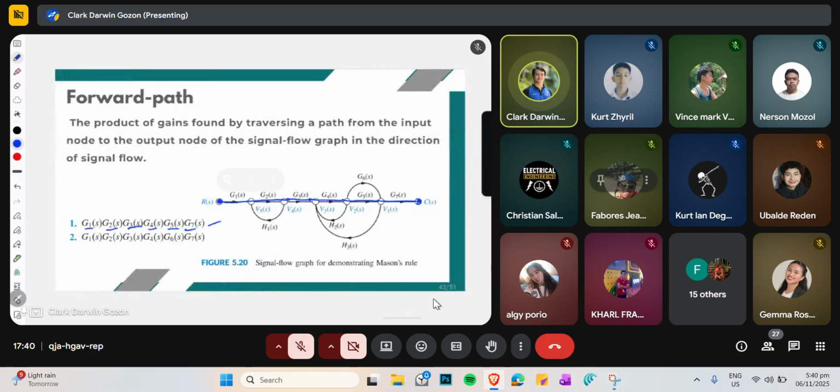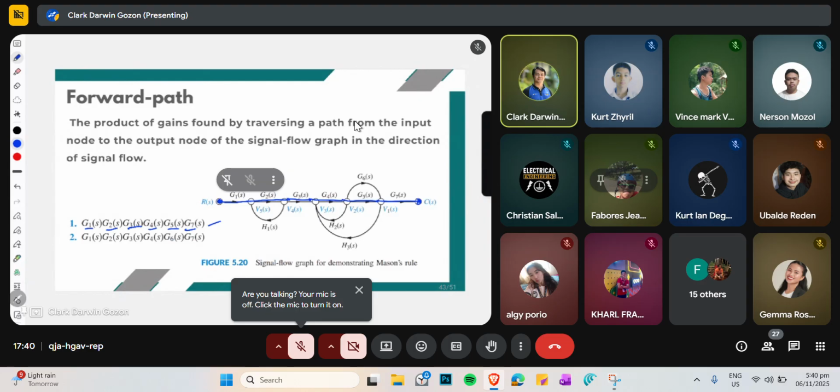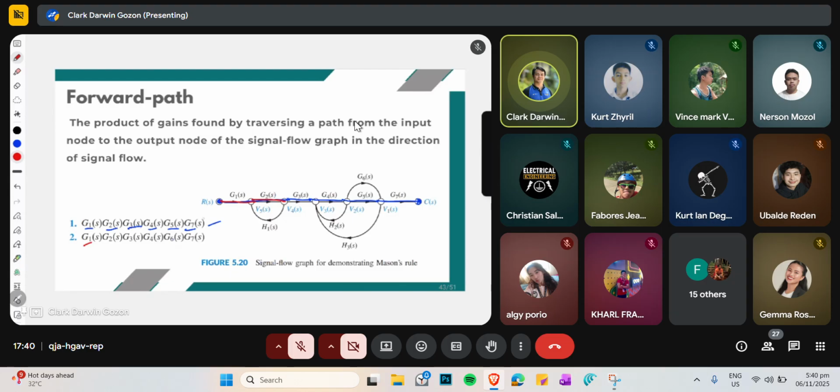Sige. Then the forward path. Again, sa forward path, tan-awon nato, nahuman na ta sa isa. The second forward path is G1, G2, G3, G4, dayon diri G6, then G7. So again, ang forward path dapat dili mobalik, straight forward lang. That's a forward path.